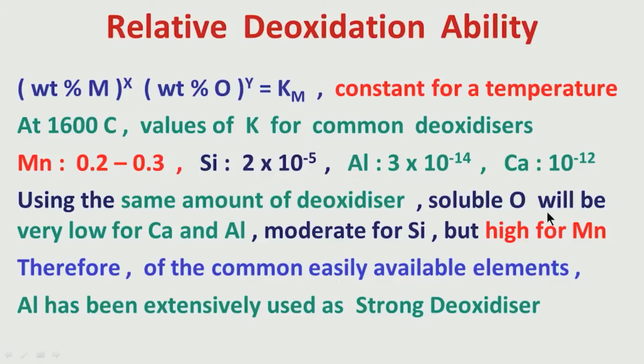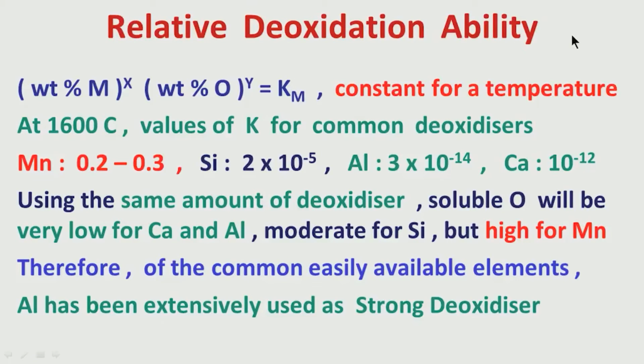So, calcium and aluminum are very potent, very good deoxidizers. They will bring the equilibrium oxygen content in liquid steel down to a very low level.